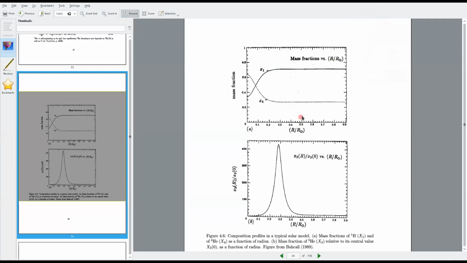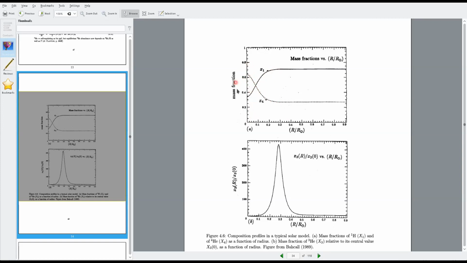About this, you can see here essentially what is typical for the sun, and usually it's just going with PP1. This shows something obvious: the concentration of hydrogen with the radius, and above the hydrogen, helium.